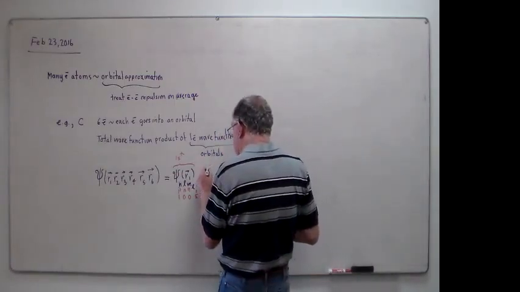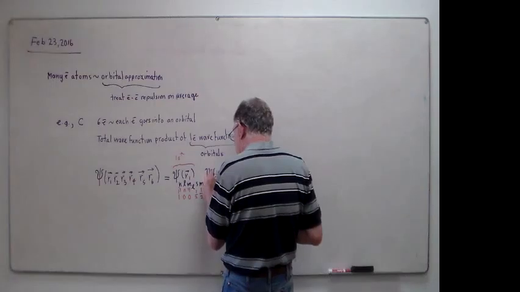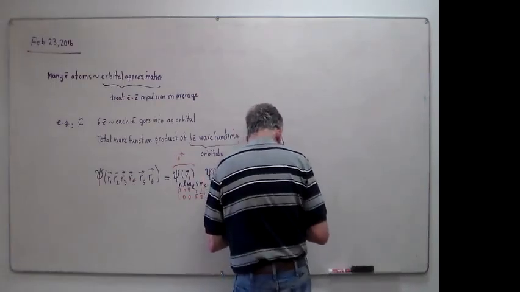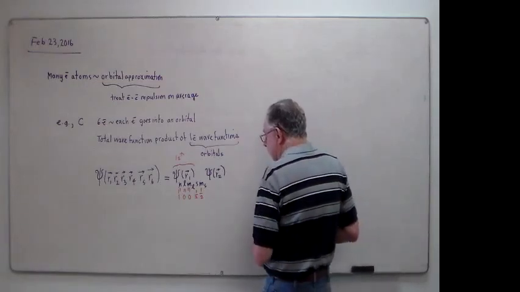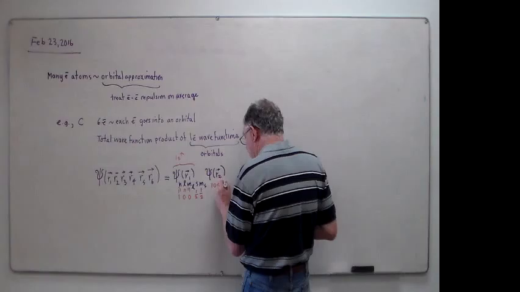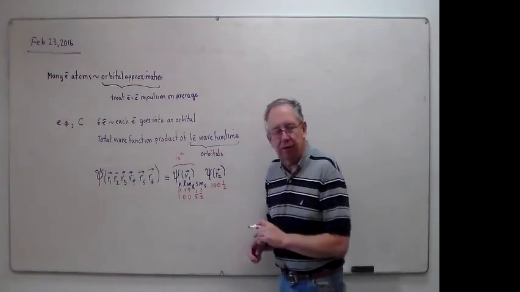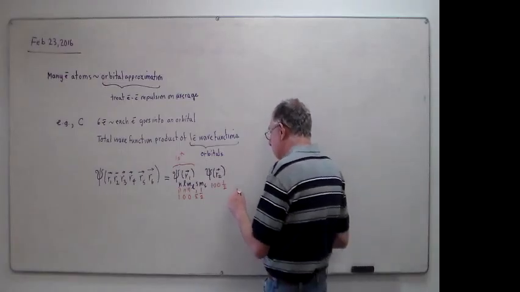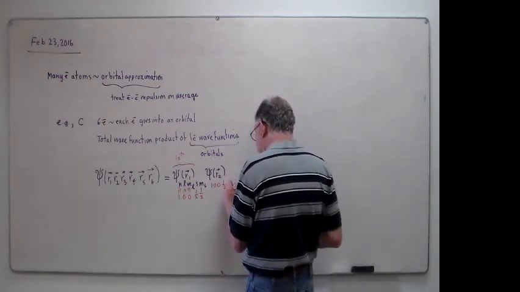Then the next one is going to be psi of r2. And it's going to have the quantum numbers 1, 0, 0, 1/2, and then there's a difference: minus 1/2 for that one.